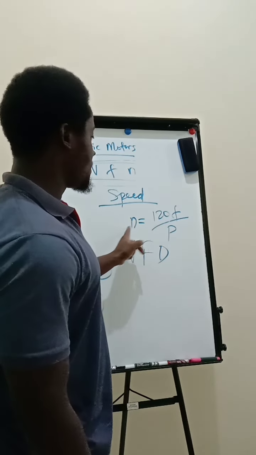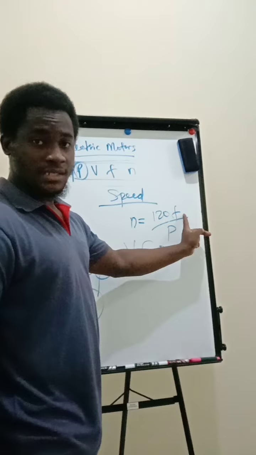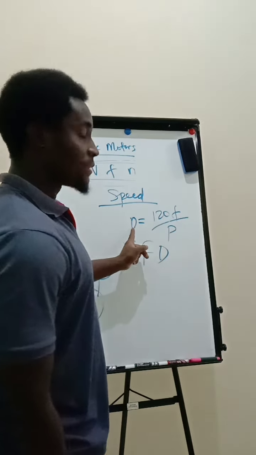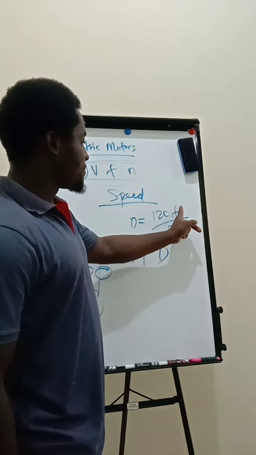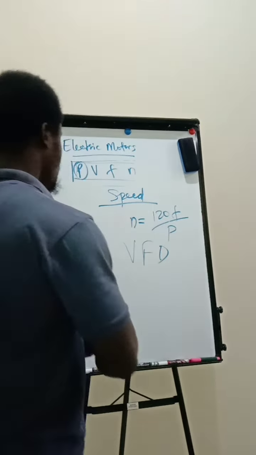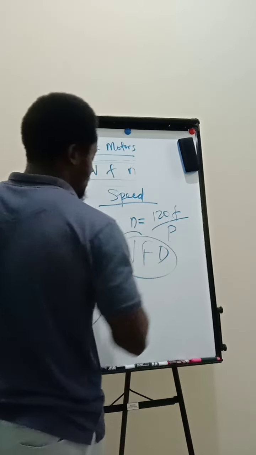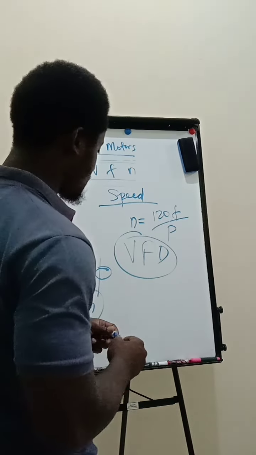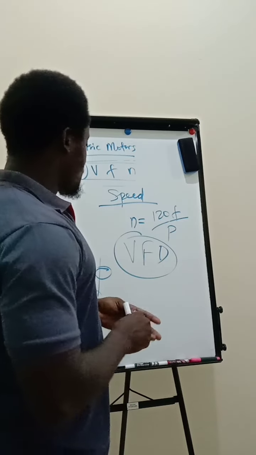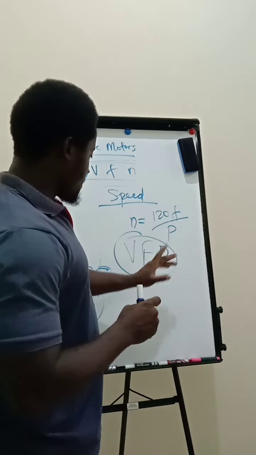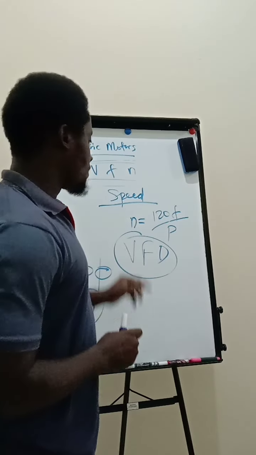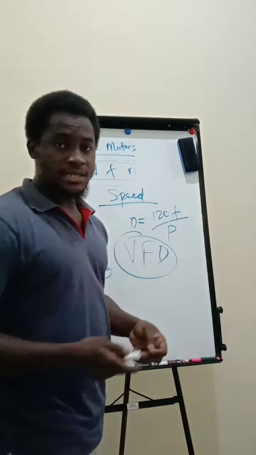Since we know the speed is directly proportional to the frequency, if we increase the frequency, we thereby increase the speed. If we reduce the frequency, we reduce the speed. The variable frequency drive will do this work for us. In the variable frequency drive, we have a dashboard and a frequency point whereby we can increase the frequency, and it will automatically increase or reduce the speed as we desire.